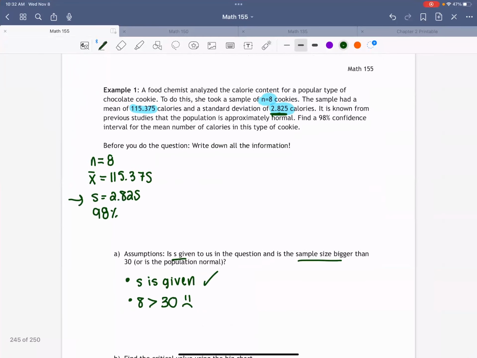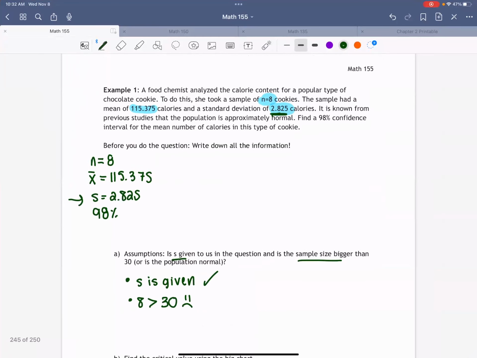All right, part B is using the big chart to find the critical value. I think the biggest mistake I see people do here is not finding the degrees of freedom first, right? Let's find degrees of freedom. What's the simple formula for that? N minus 1. So since n here is 8 and I subtract 1 to get 7, 7 is the row we use on the big chart. Okay, so let's just go ahead and take a look at the big chart.